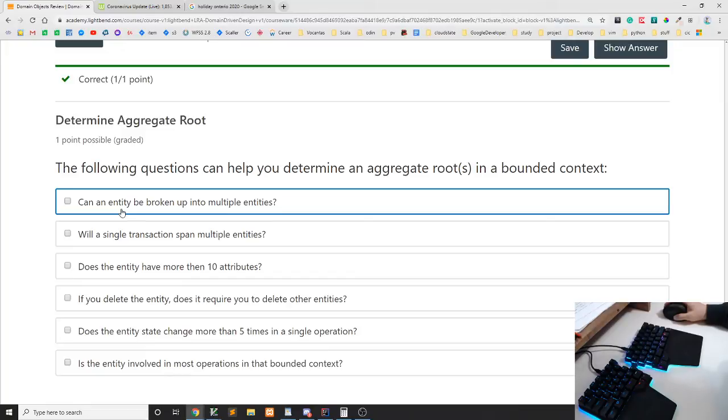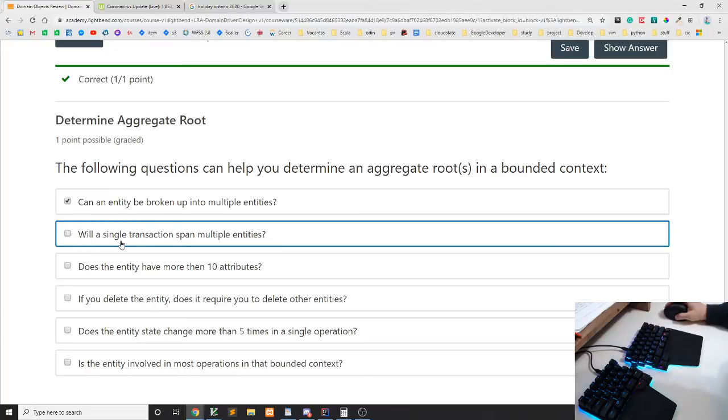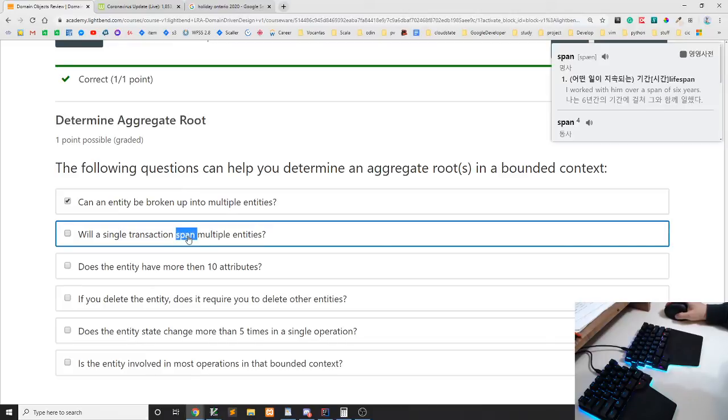Can an entity be broken up into multiple entities? I think so. Will a single transaction span multiple entities?